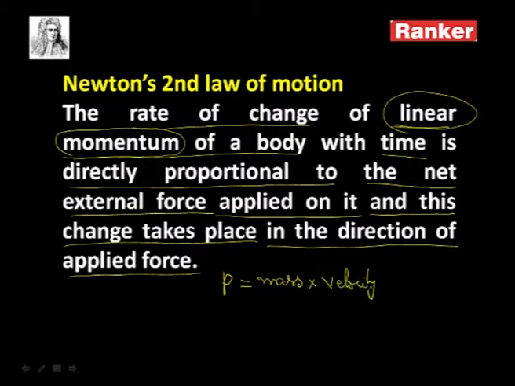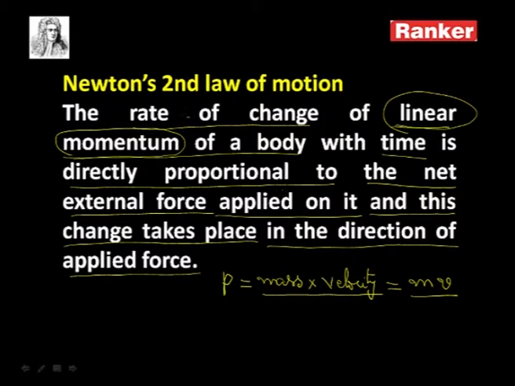I repeat, linear momentum is the product of the mass of a body and its velocity. We generally write this as m into v. M stands for mass and v stands for velocity.